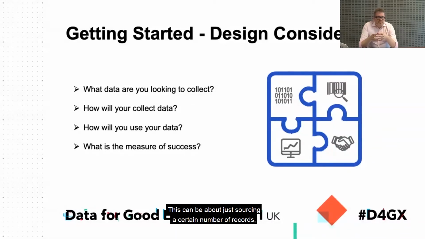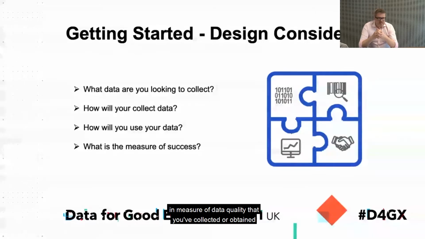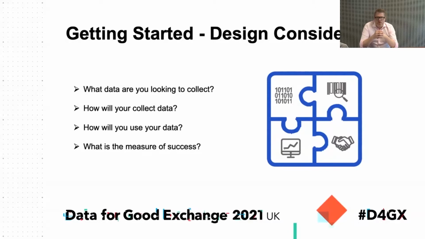This can be about just sourcing a certain number of records, surveying a certain population or time horizon of activity, meeting a measure of data quality that you've collected or obtained, or indeed functionally derived objectives that talk about enabling you to do something in particular that you set out to do.